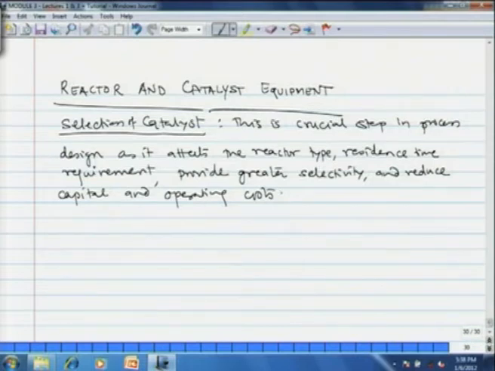Now, catalyst selection is not as explicit as the other factors of process design. Catalyst selection is categorized as both art and science, and trial and error experimentation and scientific analysis are always needed to select the best catalyst.